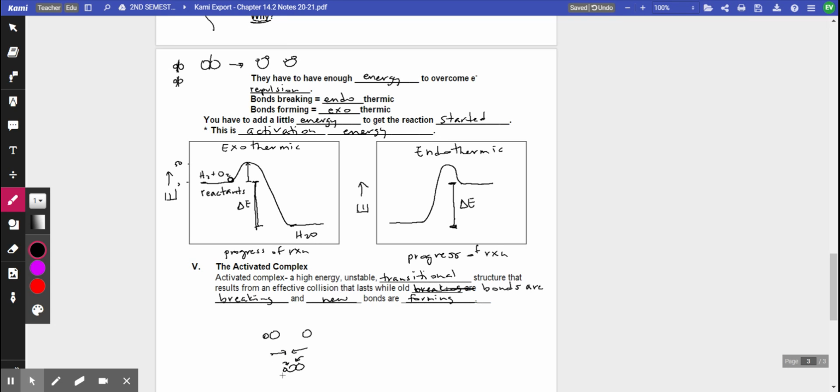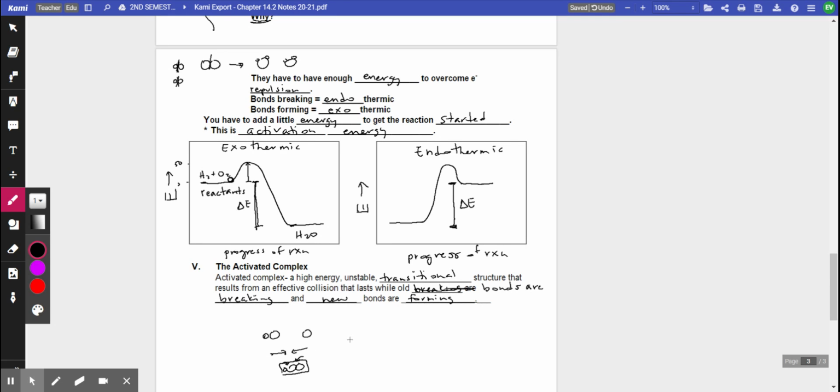So this weird thing where they're all stuck together and things are high energy and it's about to fall apart and this one's going to come shooting off the side, this would be my activated complex. It's a complex. There's multiple things together here. And it's activated, it's ready to react.